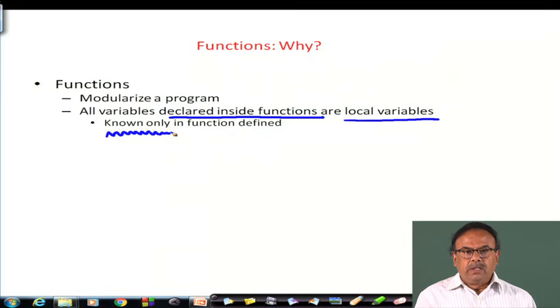As soon as the function completes its execution, they also cease to exist. Therefore, a variable i, for example, can be used as an internal variable of a function and can also be used in some other function or in the main function. They will actually physically be mapped to different memory locations.